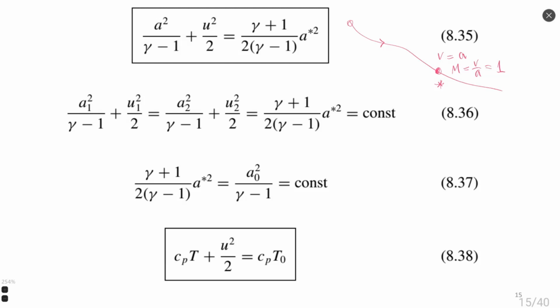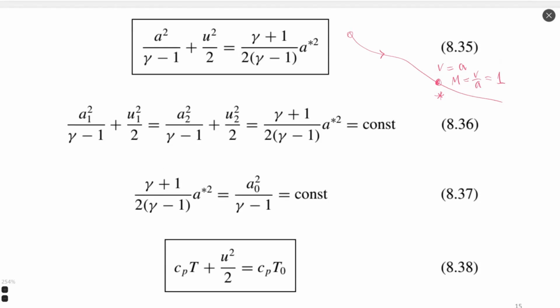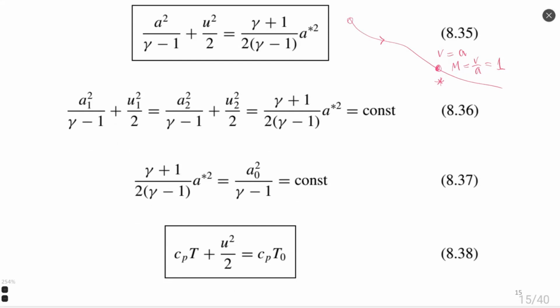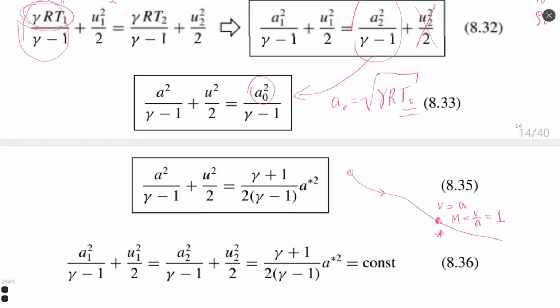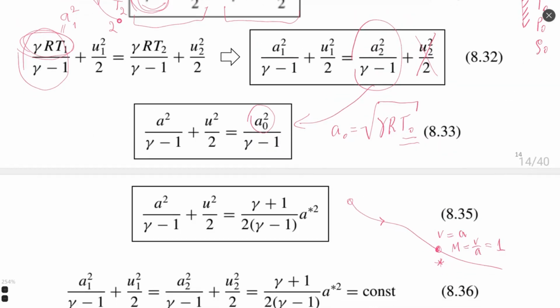So if we have such a point in space that would have Mach 1 of flow, this happens in many different cases. For example, inside the nozzle, in the throat, the smallest section of the nozzle, we have such flow conditions. It means that such flow conditions can always be calculated from one of the forms of the energy equation. How was it obtained? We just use our equation 32.